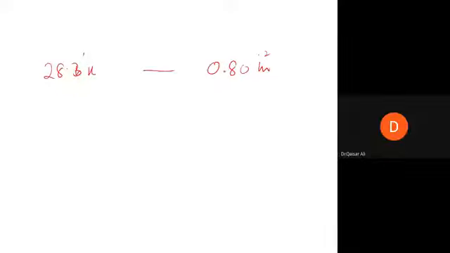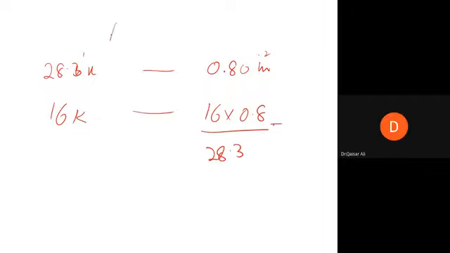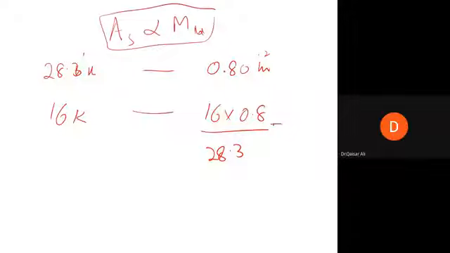So for any other value, let's say for 16 foot kip, what will be the value? You can calculate it by 16 multiplied by 0.8 divided by 28.3, because As is directly proportional to Mu. Everything remains constant, so you can calculate this value with the help of the unit rule.